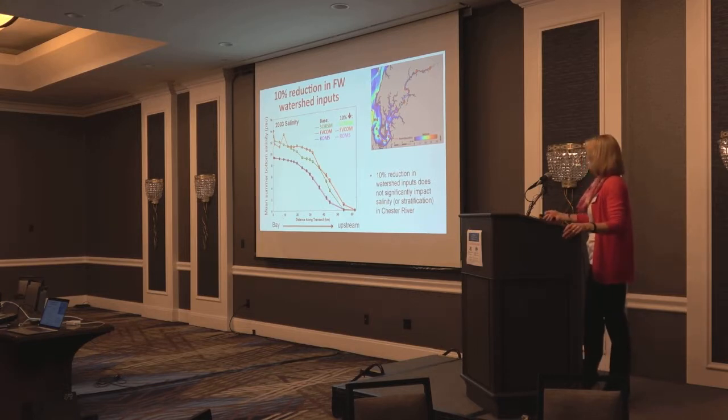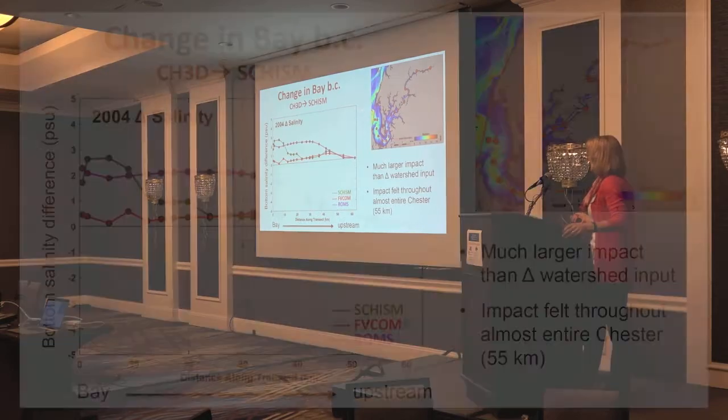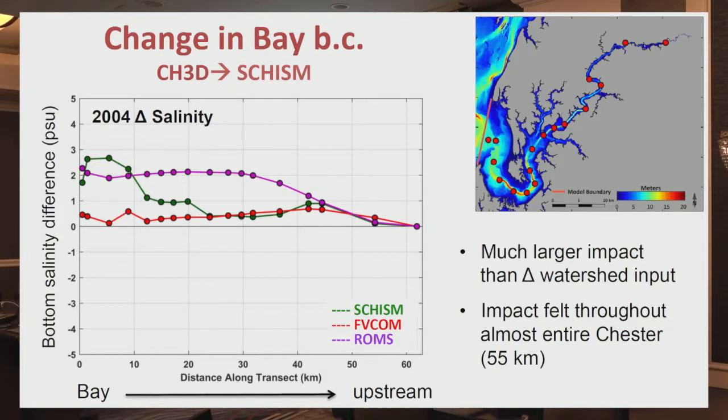The other experiment we did was to change the salinity at this boundary, where the Chester River meets the open bay. Originally we used the CH3D boundary conditions that we received from the Bay Program, but then we also switched to a low-resolution SCHISM implementation.